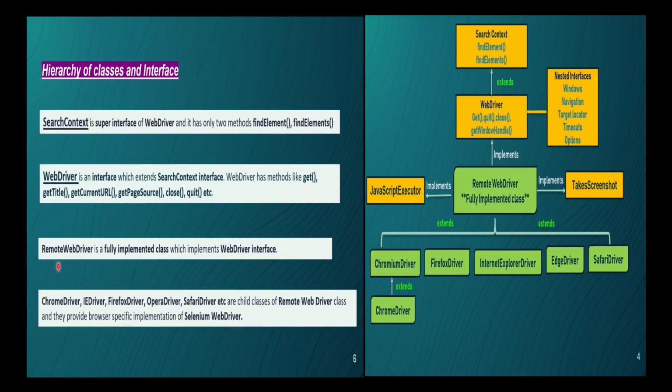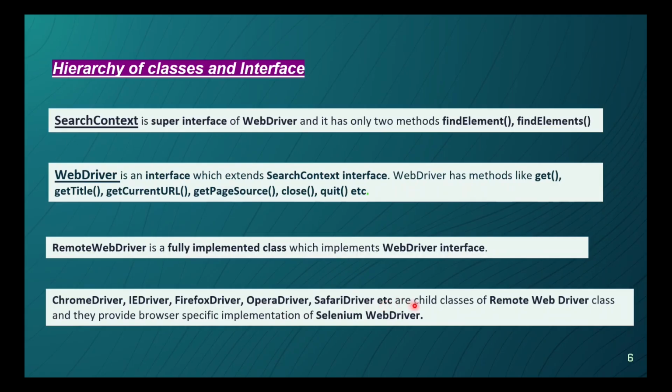Then RemoteWebDriver is a fully implemented class which implements the WebDriver interface. Then we have ChromeDriver, InternetExplorerDriver, FirefoxDriver, Opera, SafariDriver. All these are child classes of the RemoteWebDriver class, and they provide the browser-specific implementation of Selenium WebDriver. So this is the hierarchy of the classes and the interfaces of Selenium WebDriver.